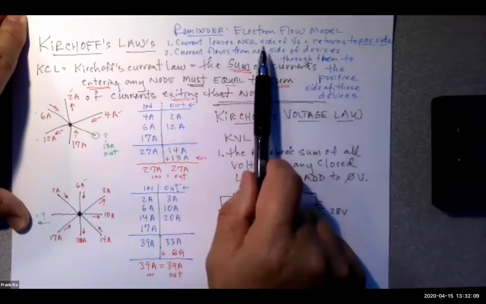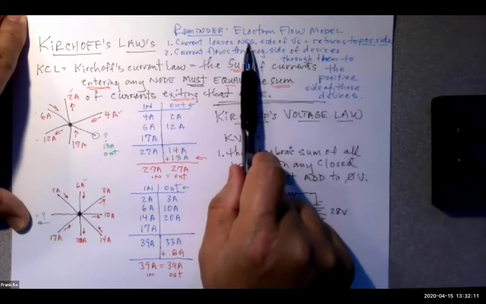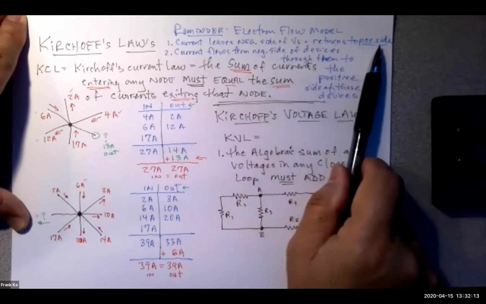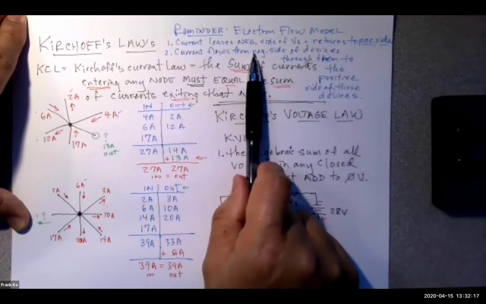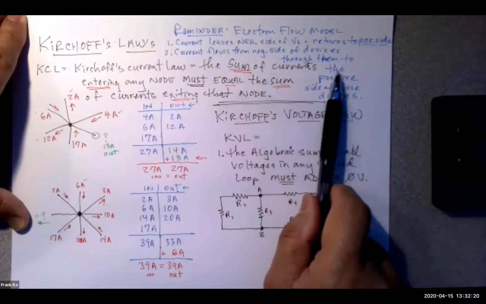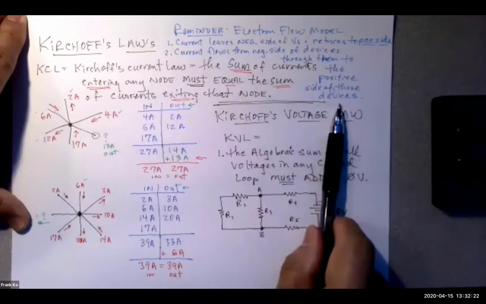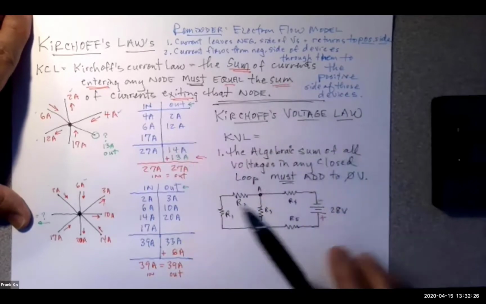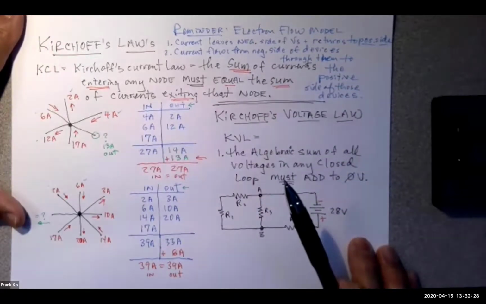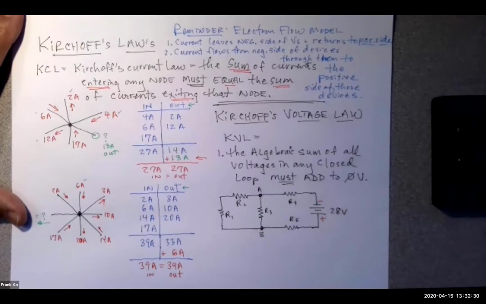Conventional current will leave the positive side of the source and return to the negative side. And conventional current flows from the positive side of the device through them to the negative side of the device. So there are two different models of current flow. We'll just stay with the electron current flow. I said from week 2 that this was the easier model to understand for beginners. And we do use the other current model when we get into the more advanced electronic classes.